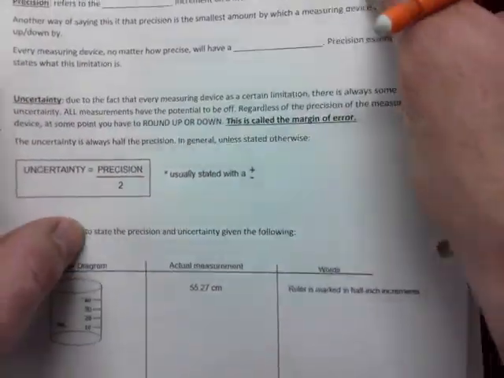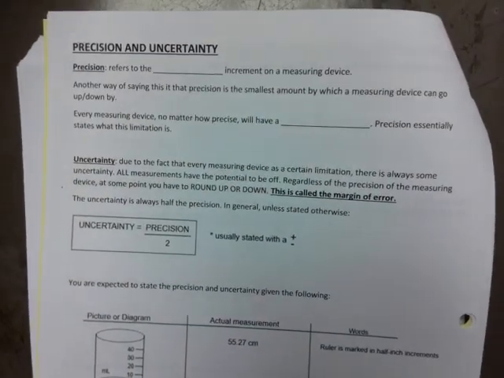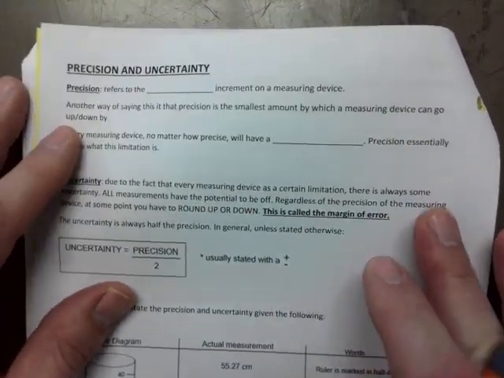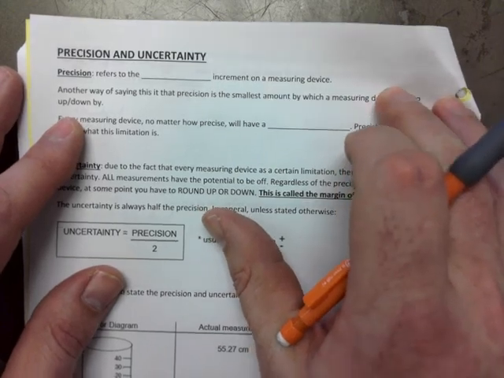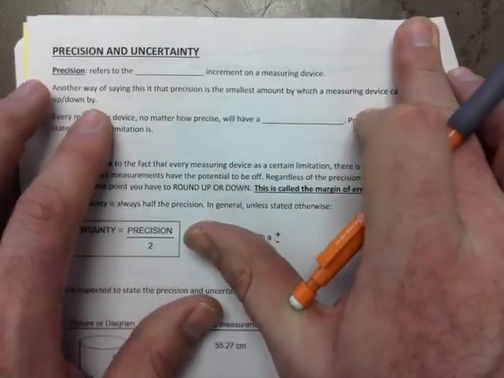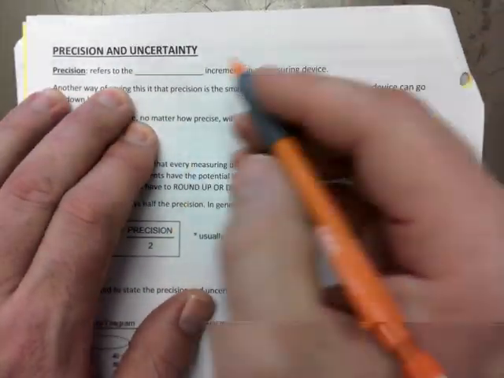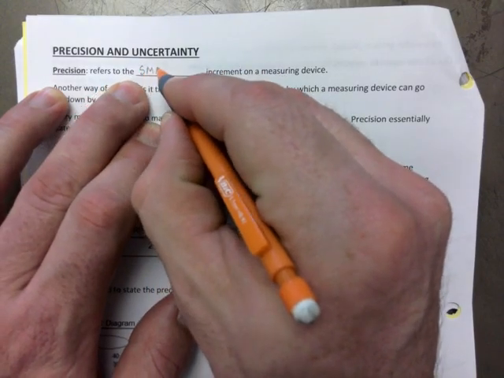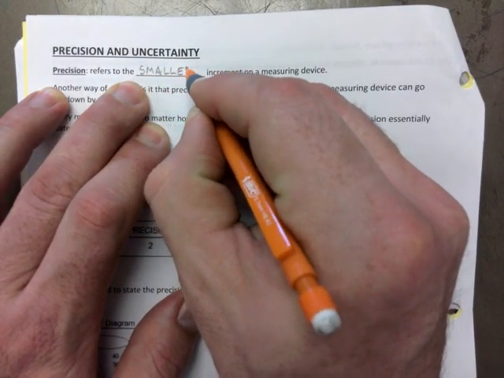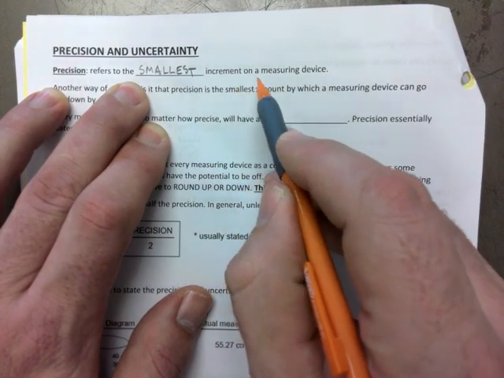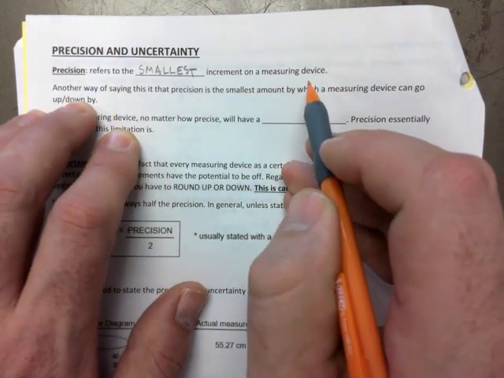Okay. So precision and uncertainty. Okay. So here we go. Very important concept. This is basically where the math will start. Okay, precision refers to the smallest increment on a measuring device.